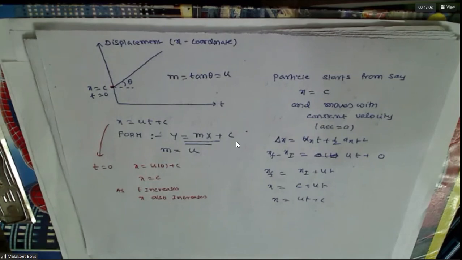Note that. If the power of the variables is 1, then its graph will be a straight line.